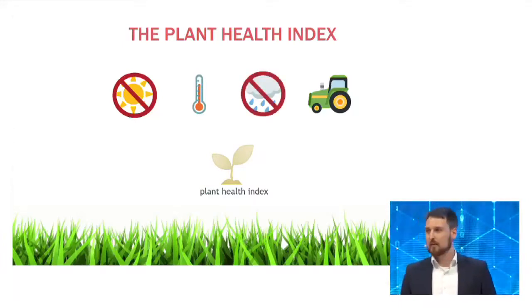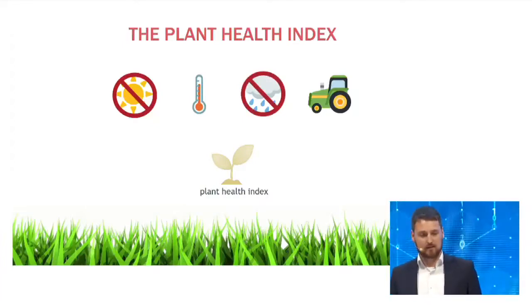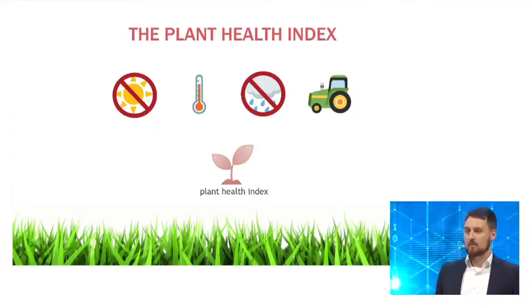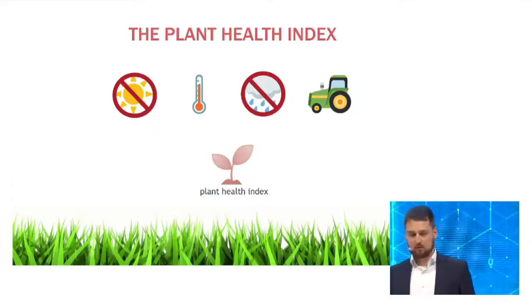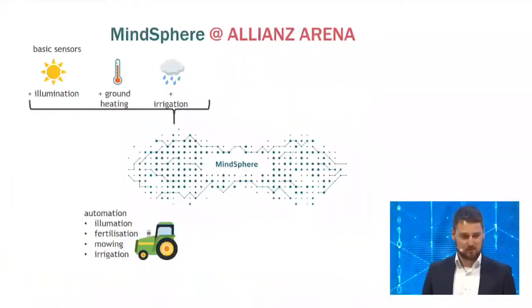Let's say the next day we don't have enough water in addition to the missing light, so our plant health index will change again, and that means for the greenkeeper that he has to act, that he has to water the plants, and if he doesn't, the grass will get a disease or go yellow.